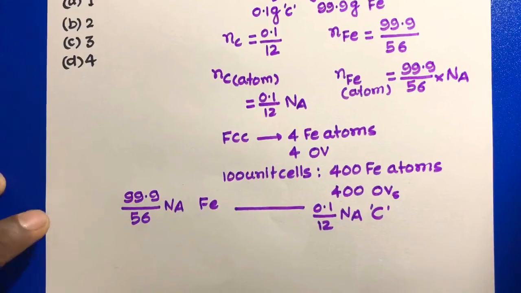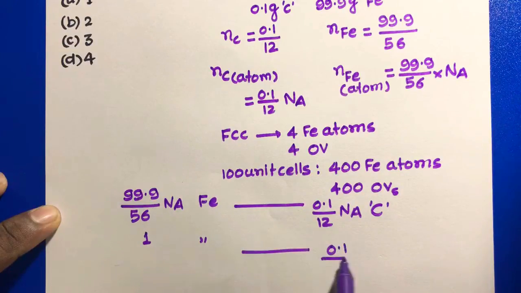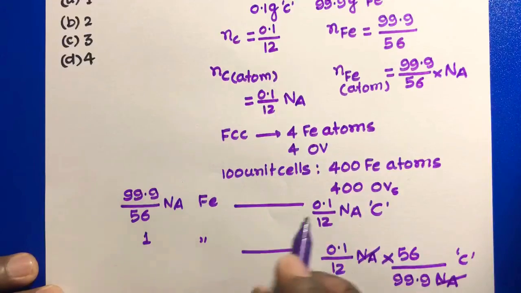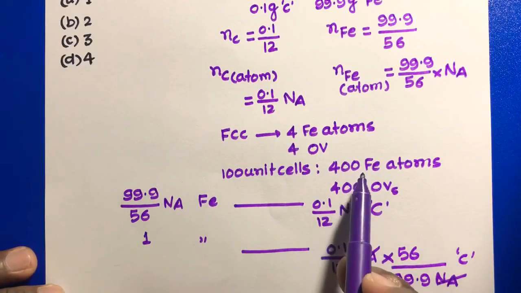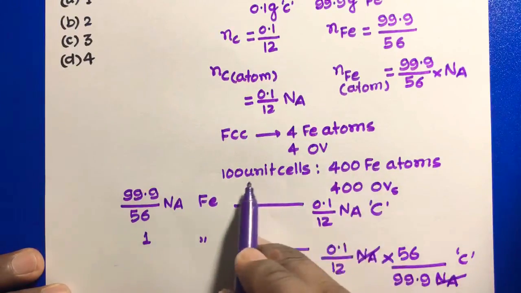Okay, so we can say 1 Fe atom will be equivalent to 0.1 by 12 Na, and this will go up, that is 56 divided by 99.9 Na carbon atoms. So see, Na will be cancelled out. Now we have to find the corresponding number of carbon atoms in 100 unit cells.